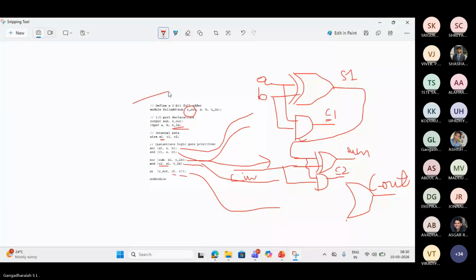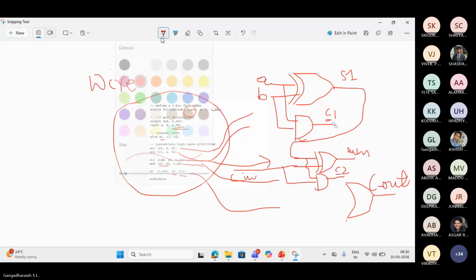But as a module, these two are wires. But if you look at this gate, they are outputs. Now these two outputs are wires in this module. They go as inputs to this. I think just wait.